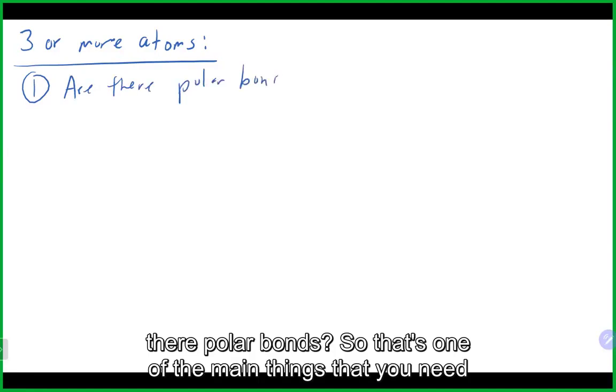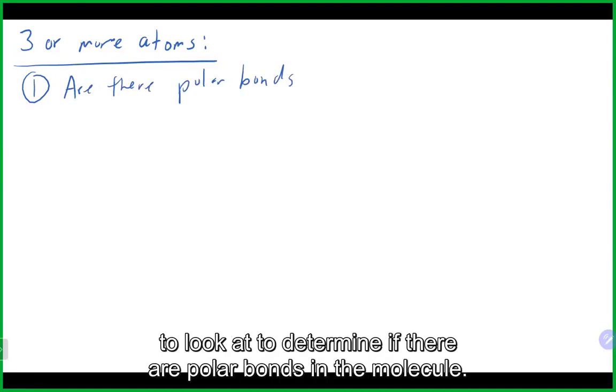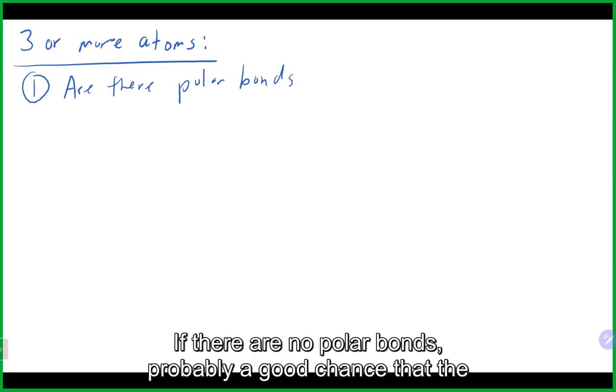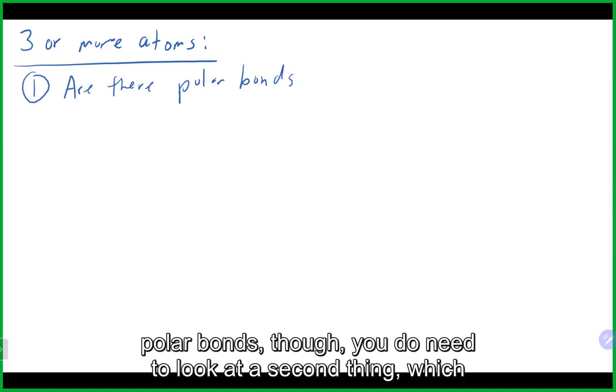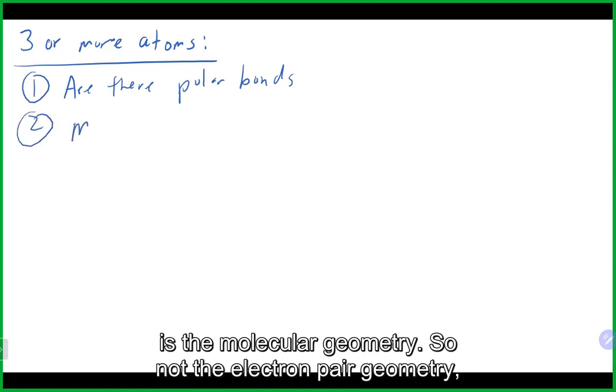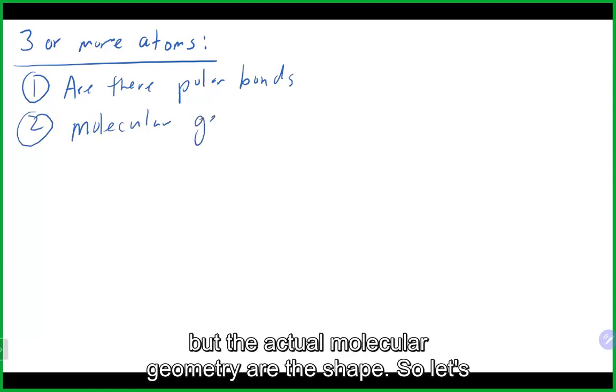That's one of the main things that you need to look at to determine if there are polar bonds in the molecule. If there are no polar bonds, probably a good chance that the molecule is going to be nonpolar, right? If there are polar bonds, though, you do need to look at a second thing, which is the molecular geometry. So not the electron pair geometry, but the actual molecular geometry, or the shape.